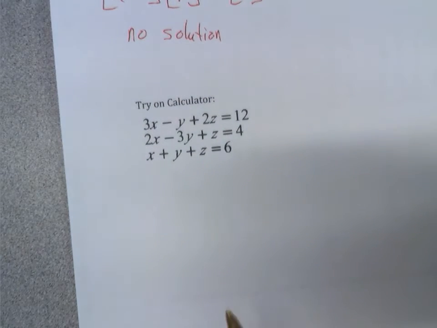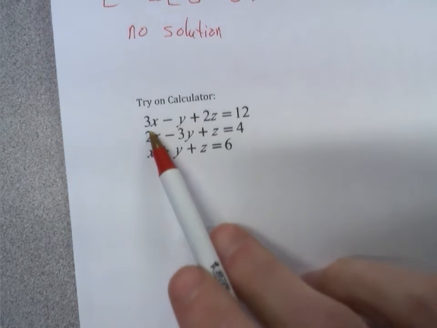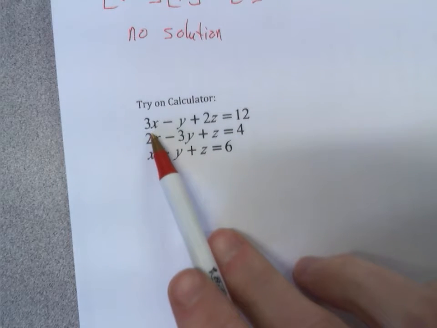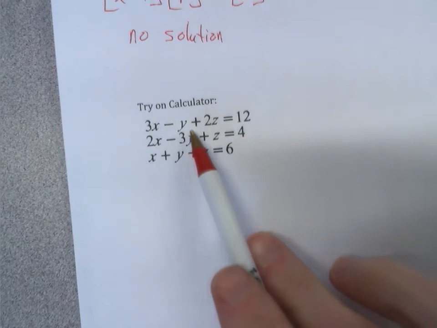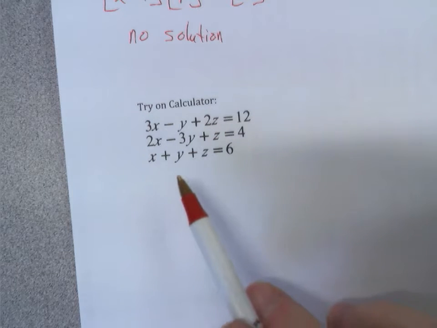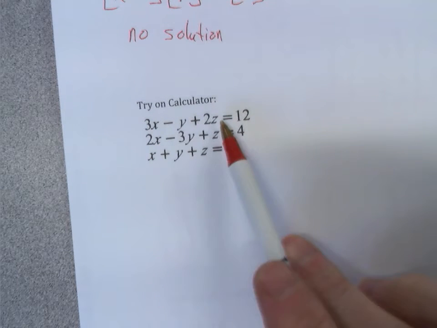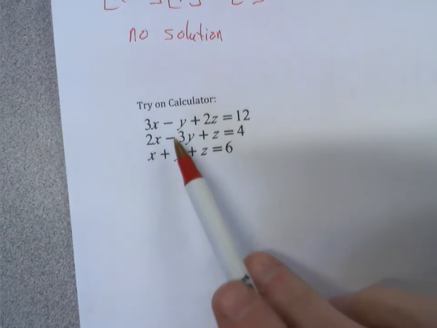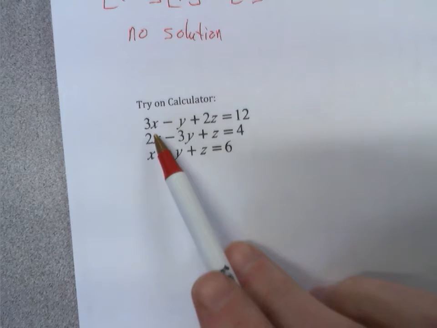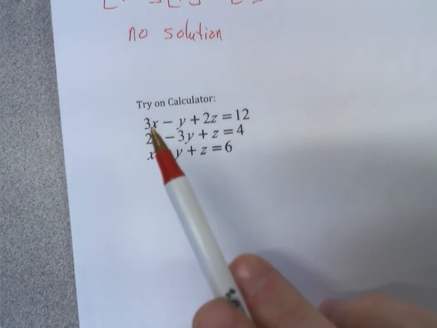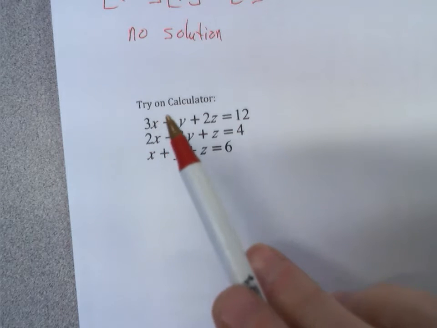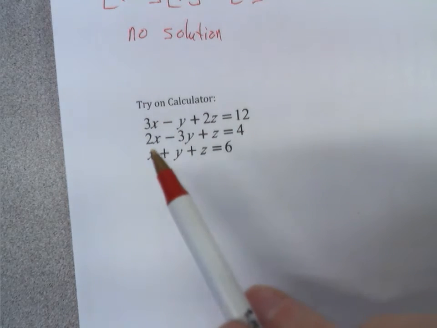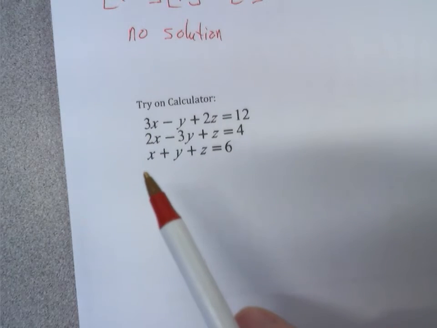All right, last. Now we have 3 equations that have 3 variables instead of 2. We have x, y, and z, but this can still be set up as a matrix. It's just going to be a little bit bigger. Now we're going to be dealing with a 3 by 3 matrix.